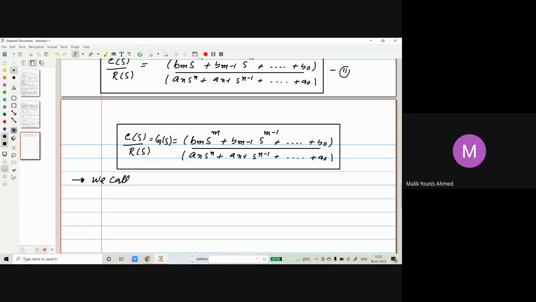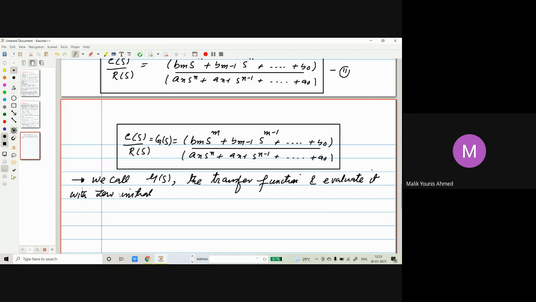We call G of S the transfer function, and evaluate it with zero initial conditions, no initial conditions will be considered.